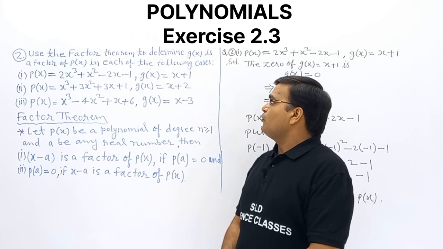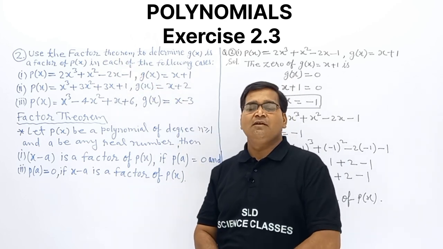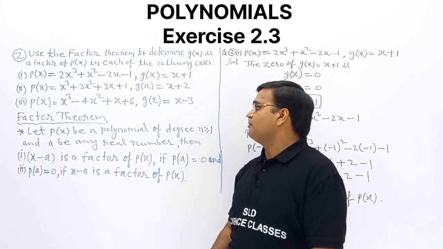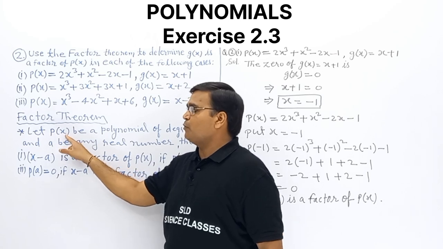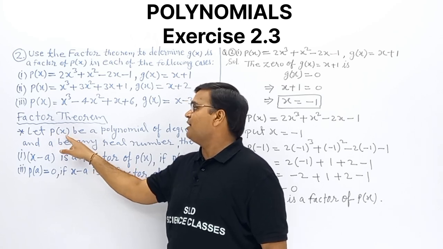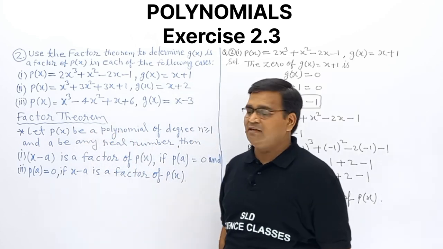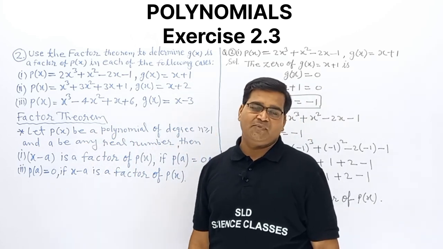Now, what do we want? We want to use the factor theorem. We already discussed it in the last class. What is the factor theorem? Let p of x be a polynomial of degree n greater than or equal to 1.